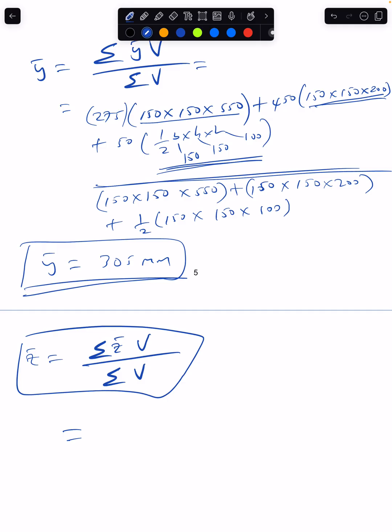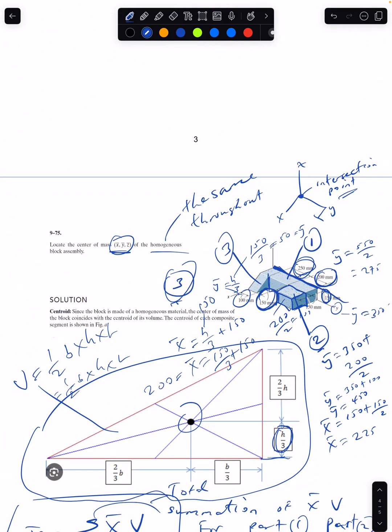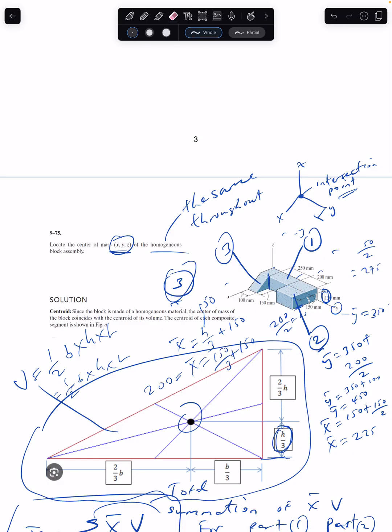I'm looking at the z axis for part 1, for part 2, and for part 3. Let me clean this so I can write here and you can see clearly.